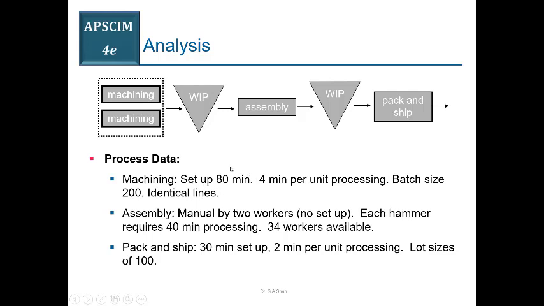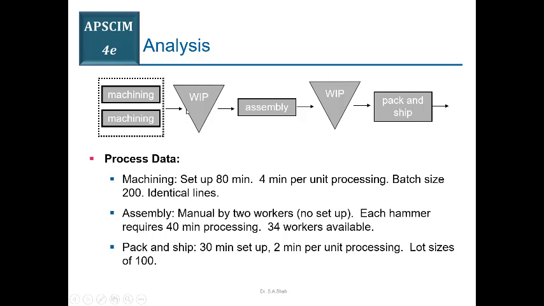So the whole setup time of the first workstation is 80 minutes, and then you need 4 minutes to make one hammerhead. So the cycle time of this individual workstation is 4 minute per unit processing.